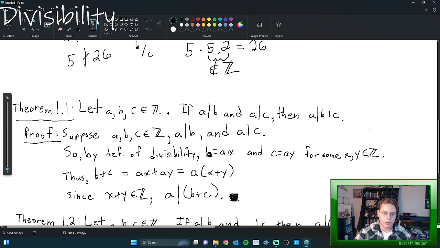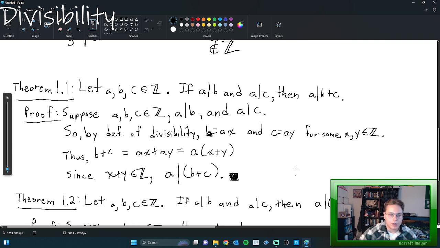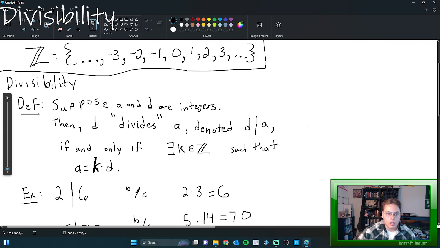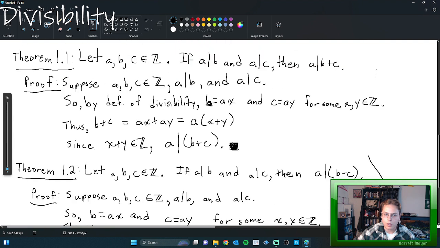We don't know specifically what integer. But using the fact that it is some integer, we can write out some sort of algebraic equation, and from there we can get to our final conclusion that it divides something else. Okay, so with this, let's block this section off, and then we can get into congruence.